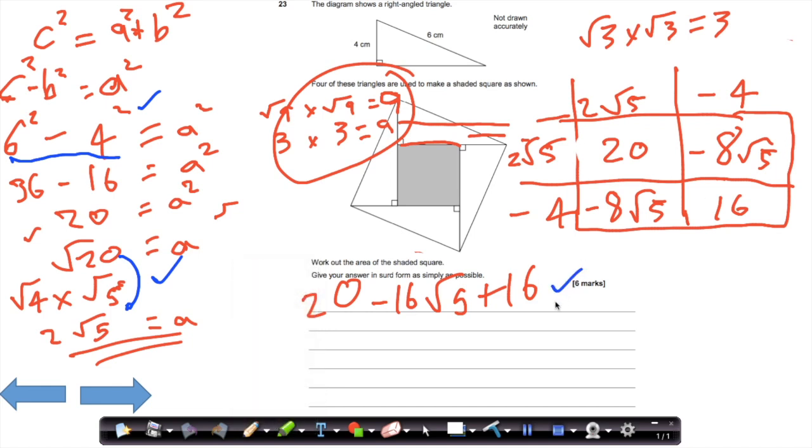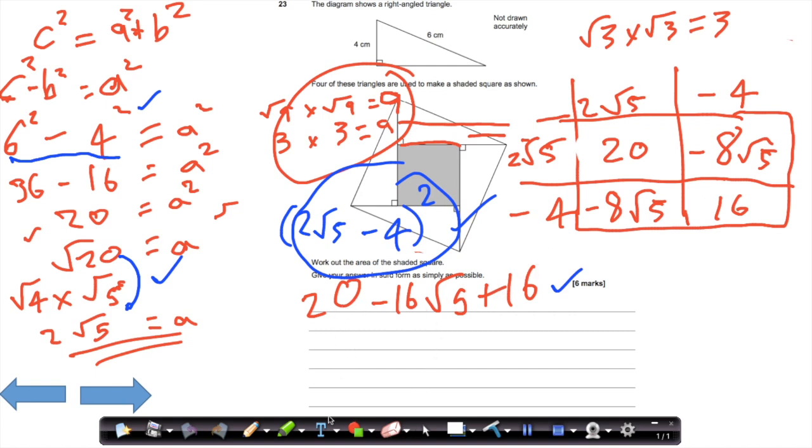So when you've expanded that, that's our fourth mark. Our third mark was for, if I didn't mention, 2 root 5 minus 4 all squared. So for putting that, we got our third mark. Fourth mark was for writing it like this.